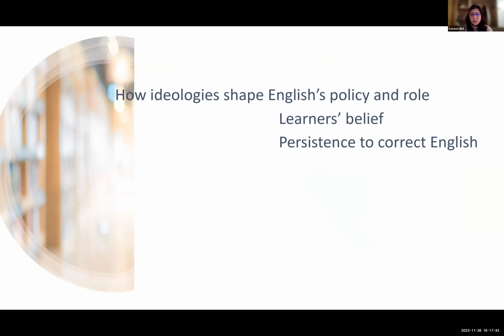One of the common beliefs is persistence in correct English. Now, many students often claim they hesitate to use English, and that has a relation to the lack of global human resources in Japan.